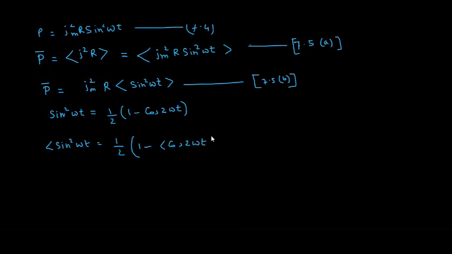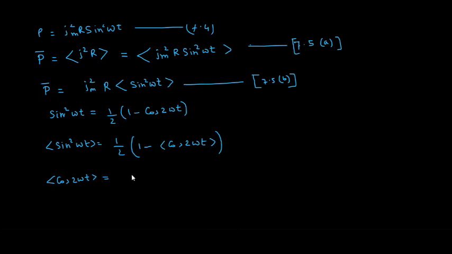Now mean of sine square omega t is equal to half of 1 minus the mean of cos 2 omega t. Now mean of cos 2 omega t means, what does it mean?